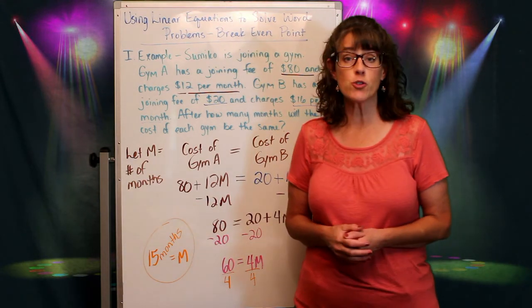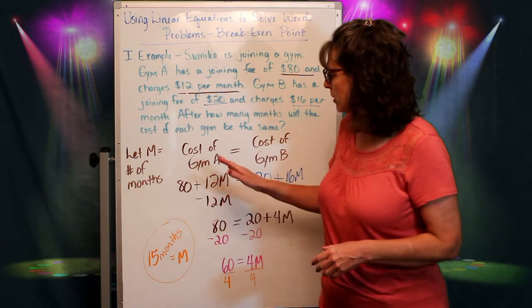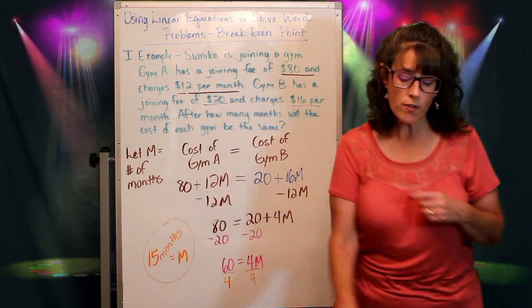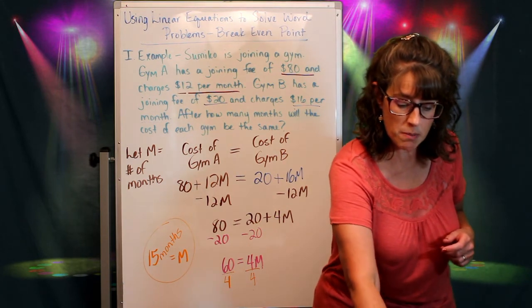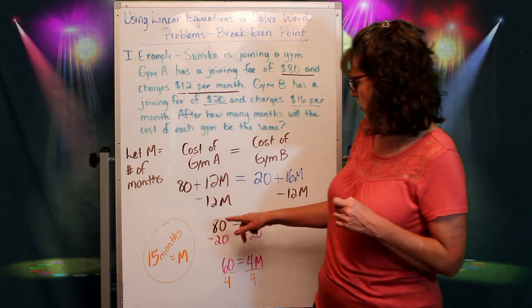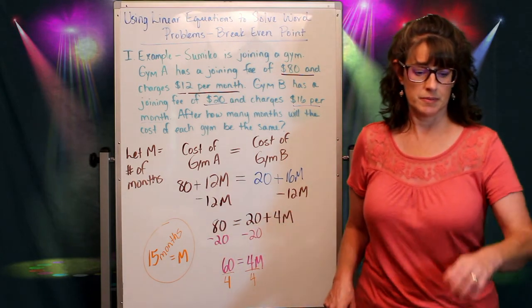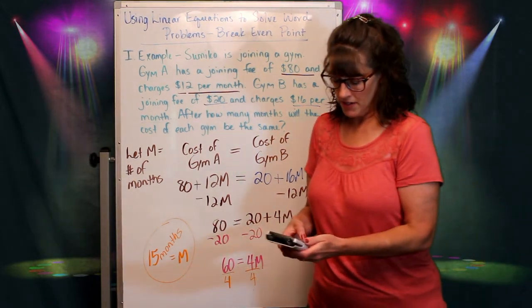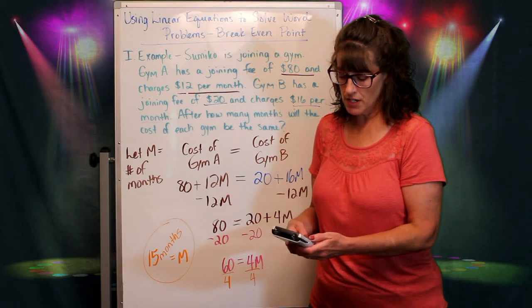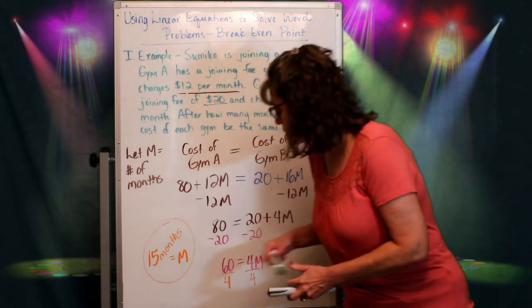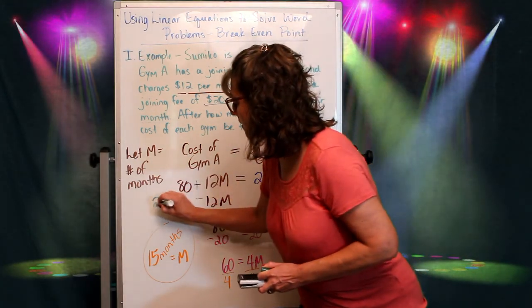Now, how can I check and make sure it's right? Absolutely. Plug that thing back in. 12 times 15 is 180. 180 plus 80 will give me 260 over here.